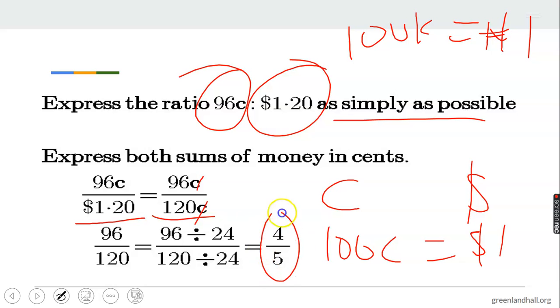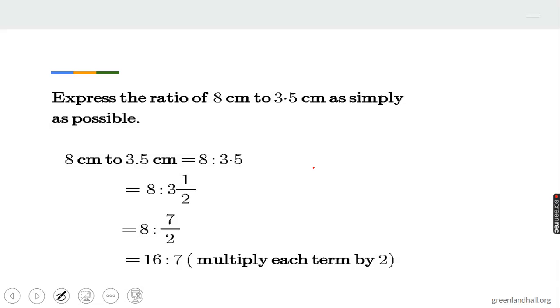When you divide, you have 4 over 5. That is the lowest term as far as possible. Now we can also express this common fraction as a ratio, like 4:5.